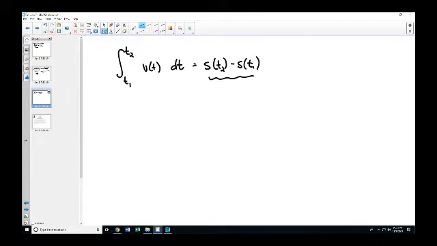This is a position change. Okay, of what kind? Displacement. You sure? Is he right?